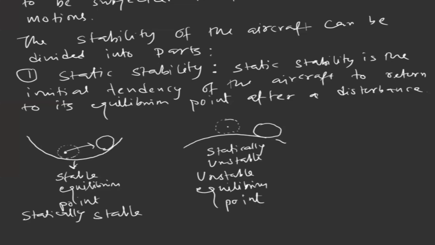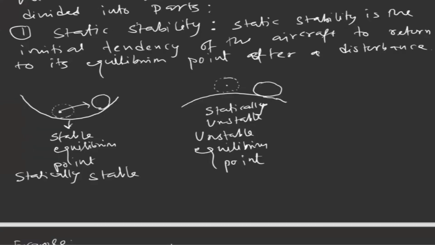And let's look at another condition. We have a surface, and let's assume the initial position of the vehicle is somewhere here, and after the disturbance, the vehicle position is here. Even though the body is perturbed from this point to this point, it will stay at this point for all future time.